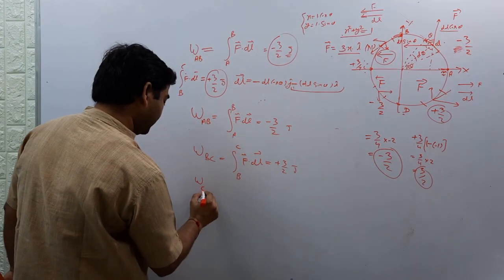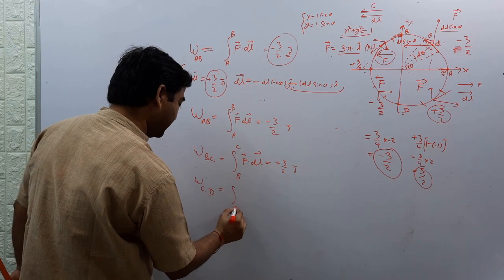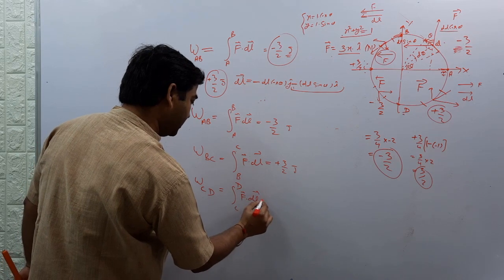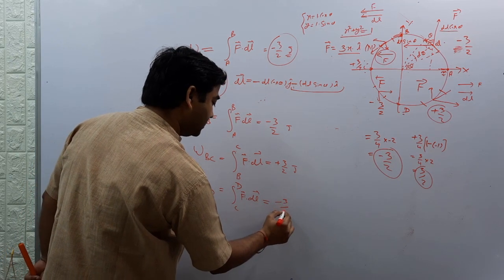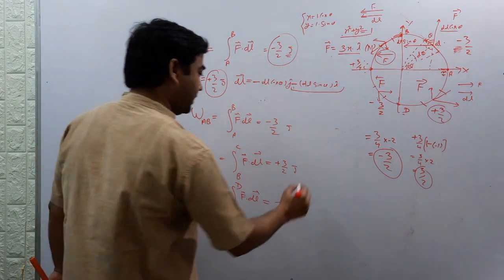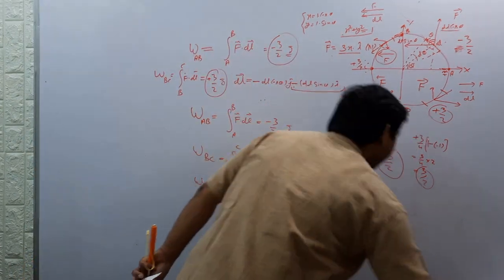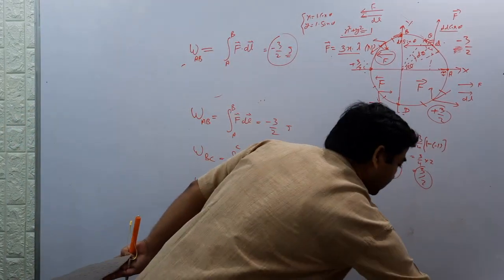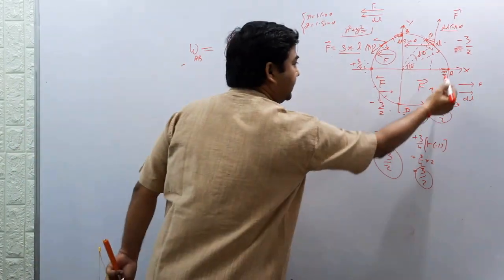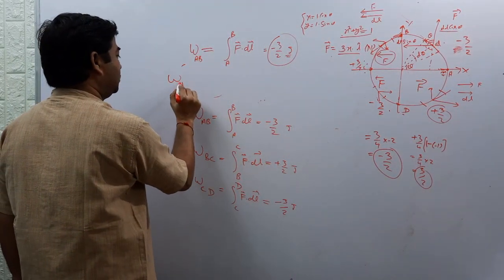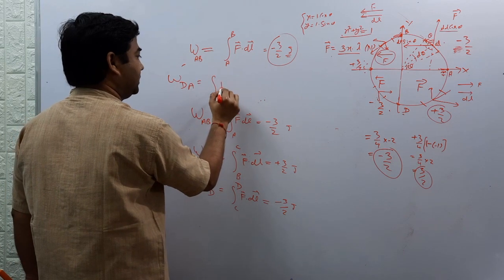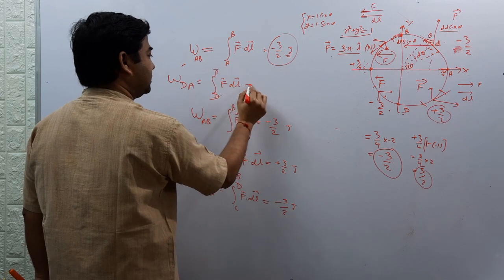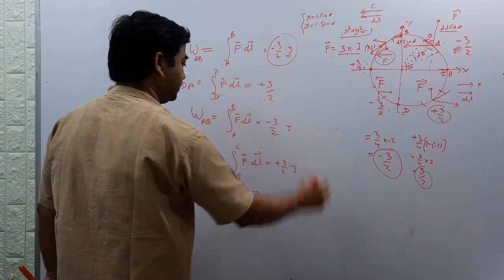W_CD along path CD is equal to the line integral from C to D of F dot dl, which is equal to minus 3/2 joule. And W_DA is equal to the line integral of F dot dl from D to A, which is equal to plus 3/2.